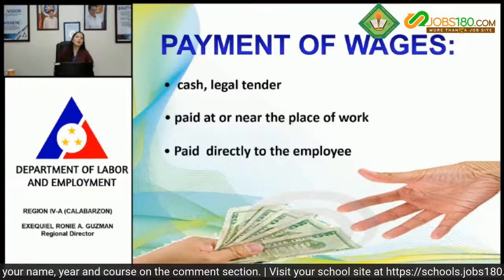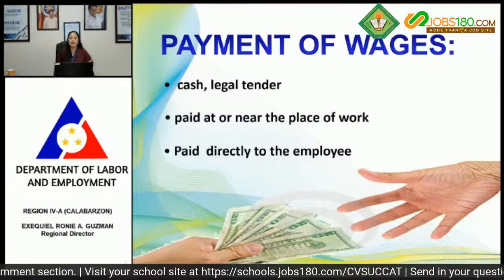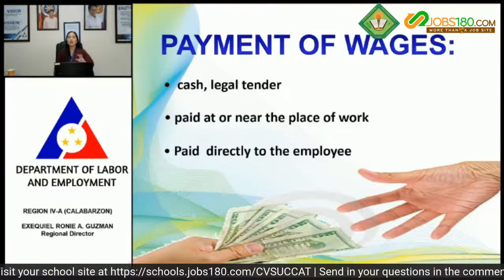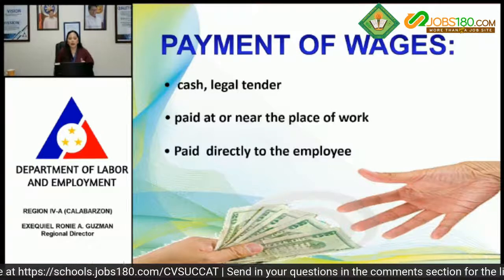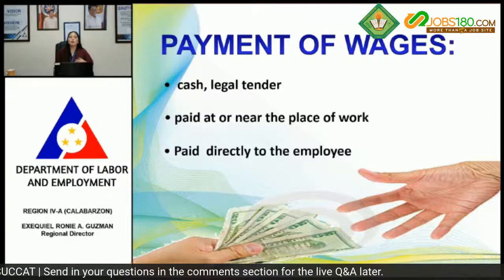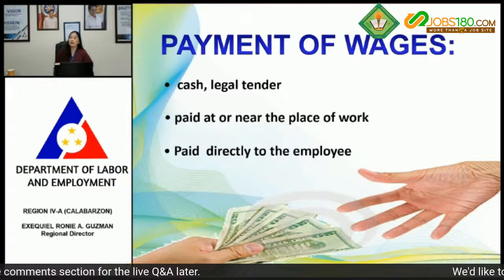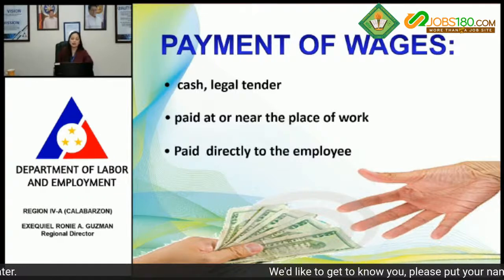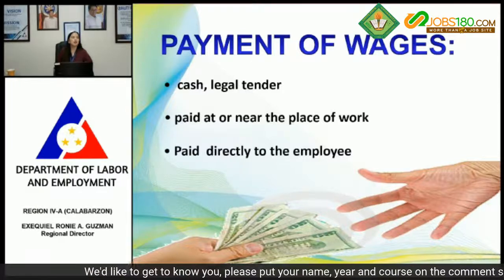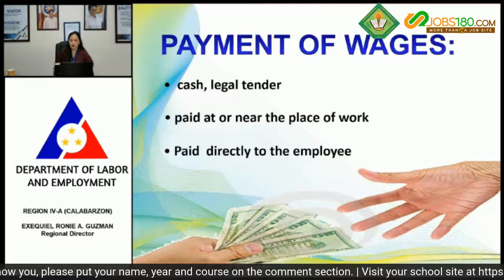O kaya po kapag sa milk tea shop kayo nagtatrabaho, milk tea ang isasahod sa inyo. It should be in the form of a legal tender. Kasi po, yung burger, hindi mo naman pwedeng ibayad sa jeep. Kaya po nauso rin yung ATM, it should be paid near the place of work.